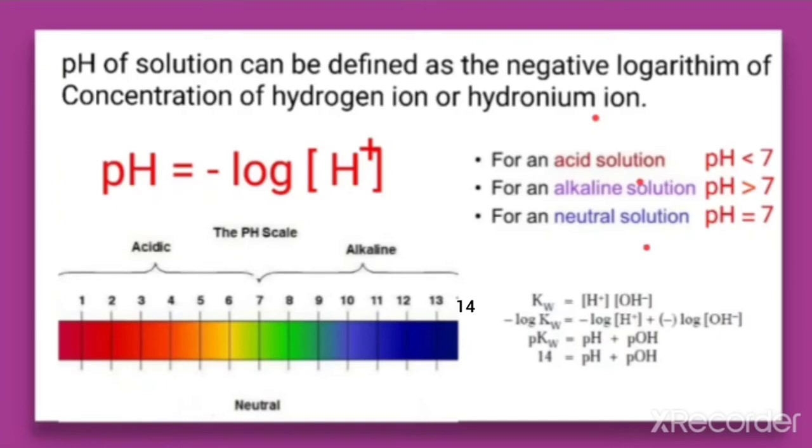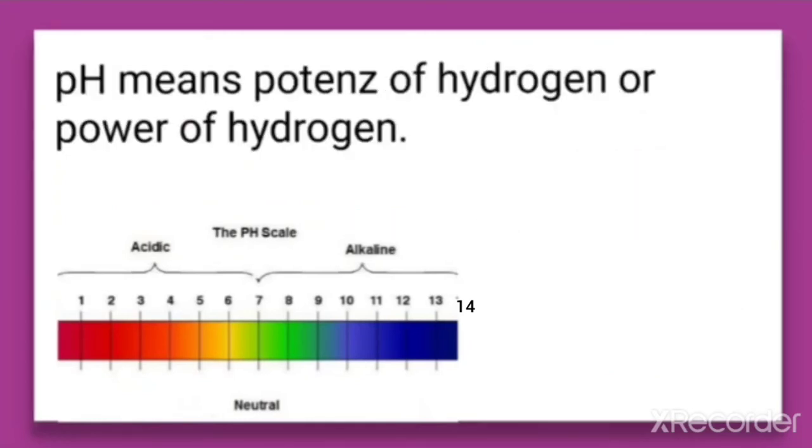As the negative log of H plus is taken, the concentration of hydrogen is important here in order to find the pH. That means pH means the potence of hydrogen, or power of hydrogen. That is why we use the word pH.